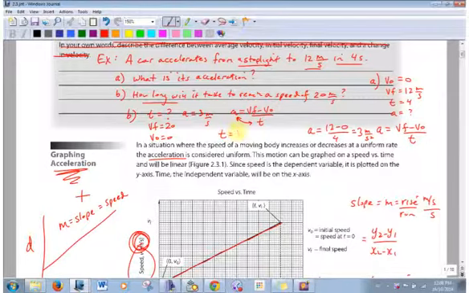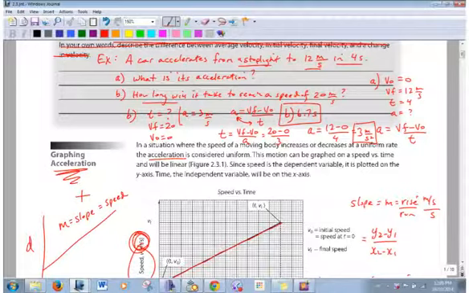T is VF minus VO over A. So that's 20 minus 0 over the acceleration now, 20 over 3, which is, I gotta go up here, not enough room, 6.7 seconds. Okay? Where's the answer there? There. Okay, so 2 problems in 1.